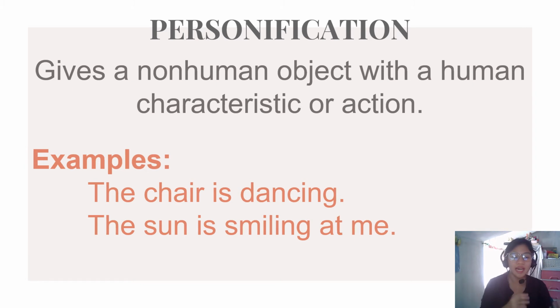The sun is smiling at me. Can the sun smile? I'll ask you, can the sun smile? No. Again, this is a non-human object to which we add a human characteristic to make it alive. The sun is smiling at me.